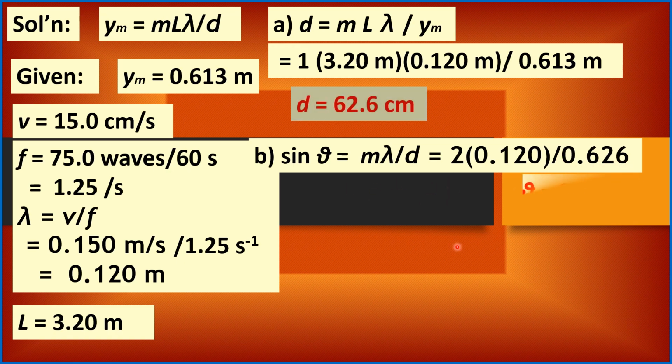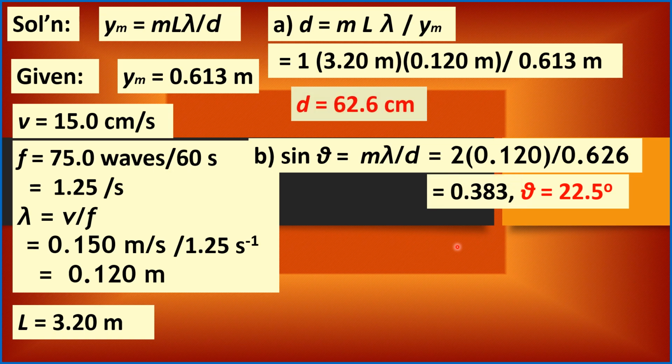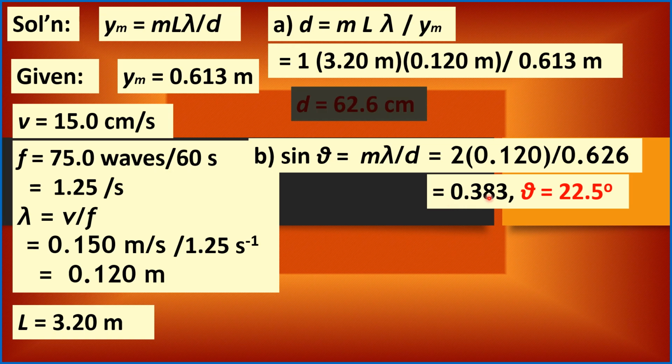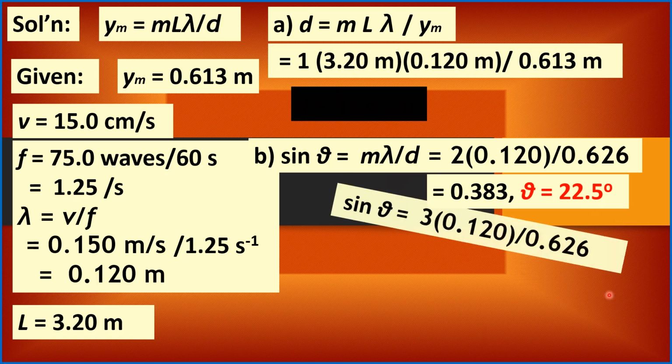So again, doing our math, we will get the value of the sine of the angle to three significant figures, 0.383, and using arc sine of this value, we will get theta equals 22.5 degrees.